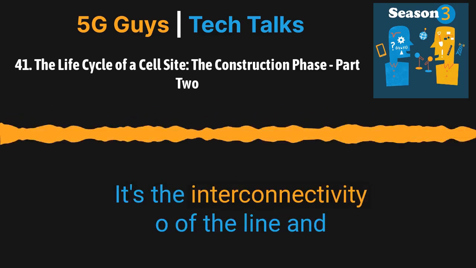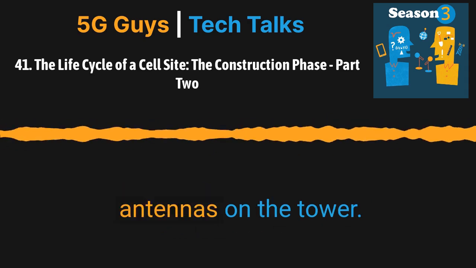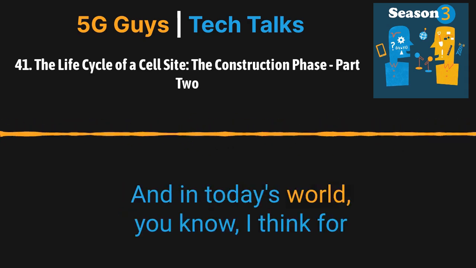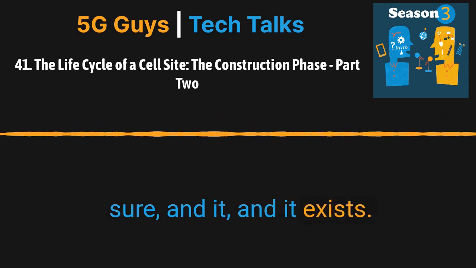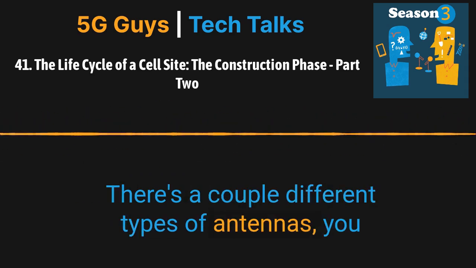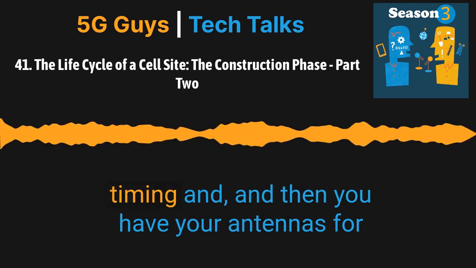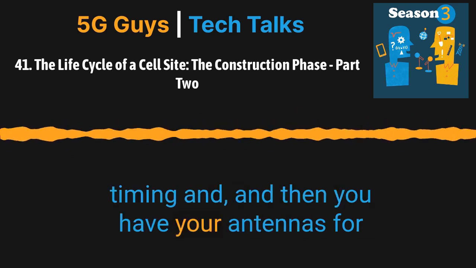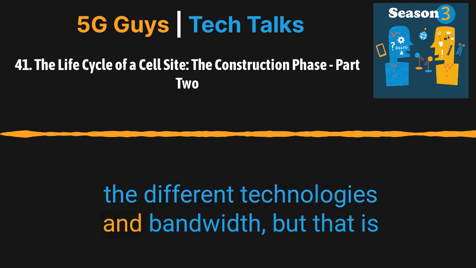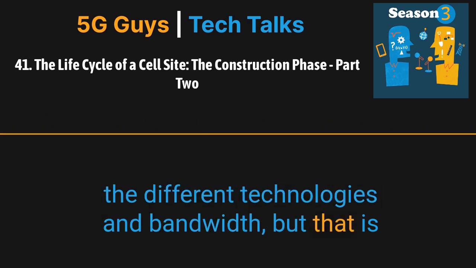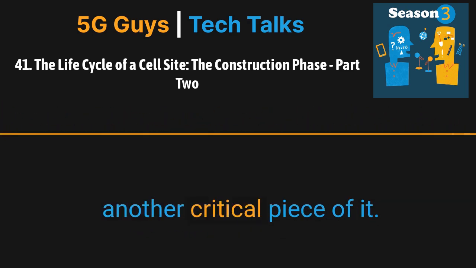It's the interconnectivity of the line and antennas on the tower. And in today's world, there's a couple different types of antennas. One, we have to have a GPS antenna, right? For timing. And then you have your antennas for the different technologies and bandwidth. But that is another critical piece of it.